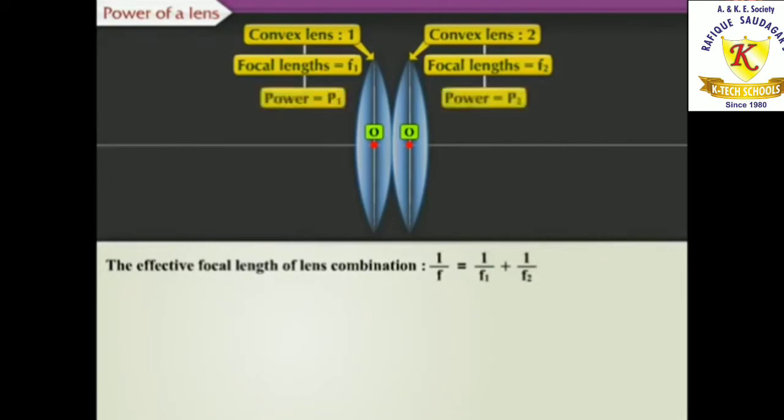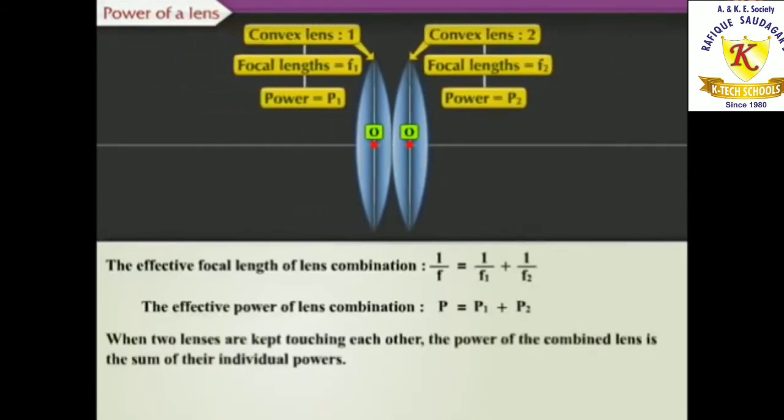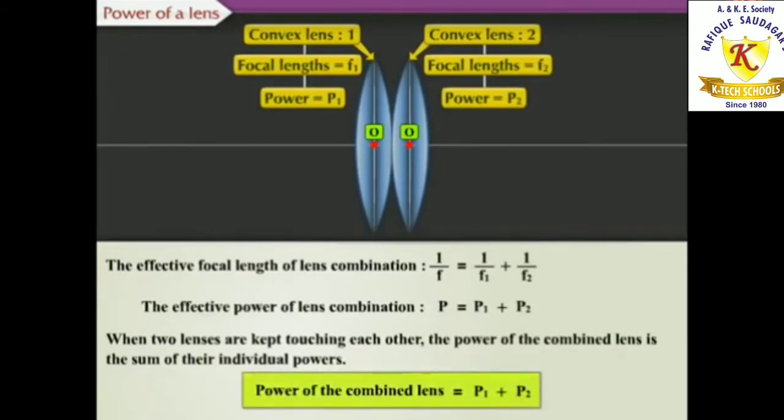If the powers of the two lenses are P1 and P2, the effective power of the lens combination is given by P is equal to P1 plus P2. Thus, when two lenses are kept touching each other, the power of the combined lens is the sum of their individual powers, that is P1 plus P2.